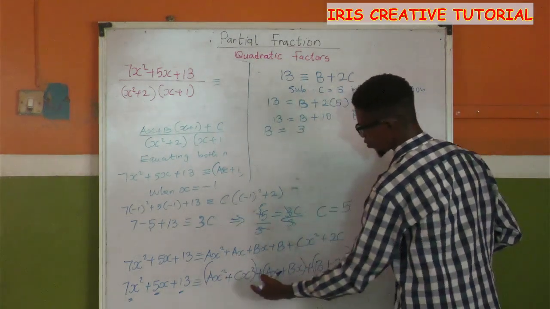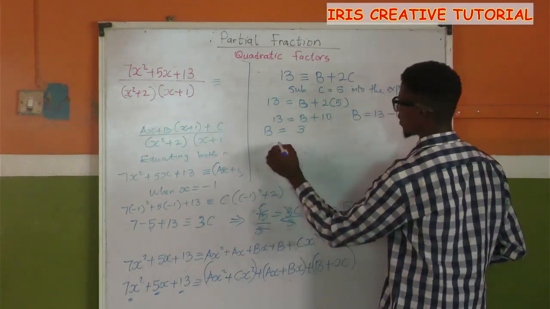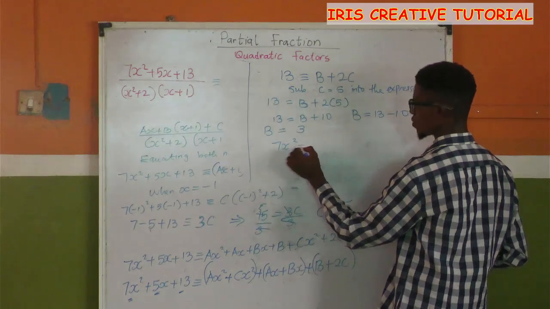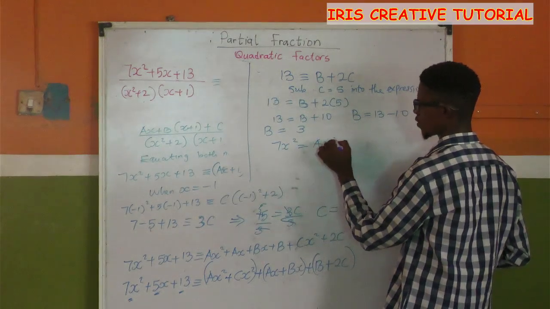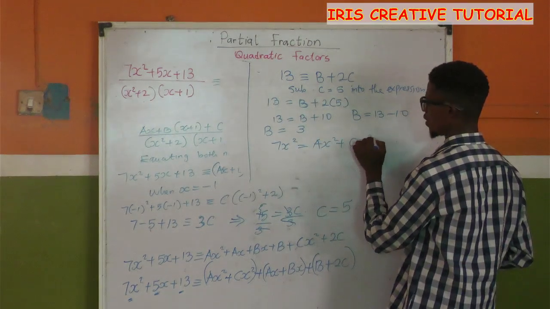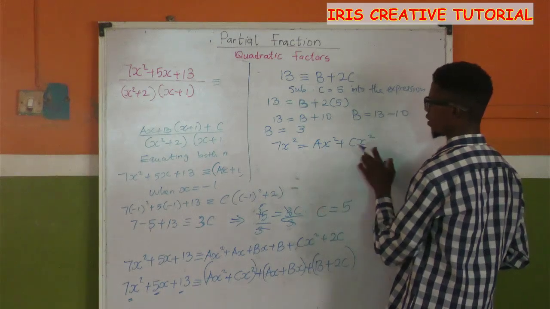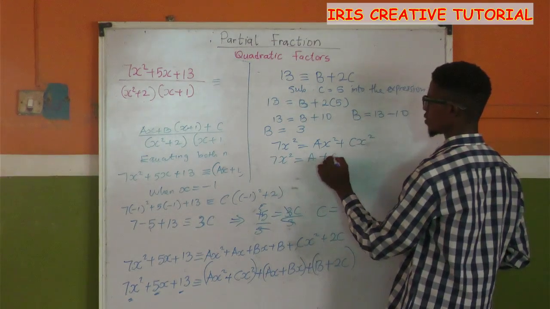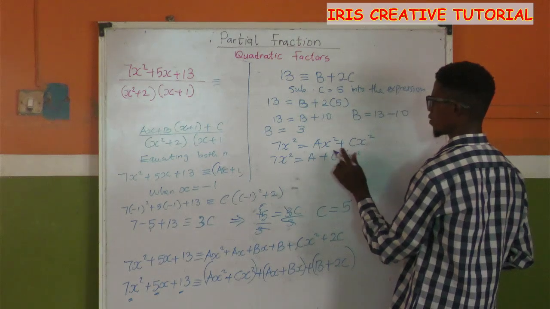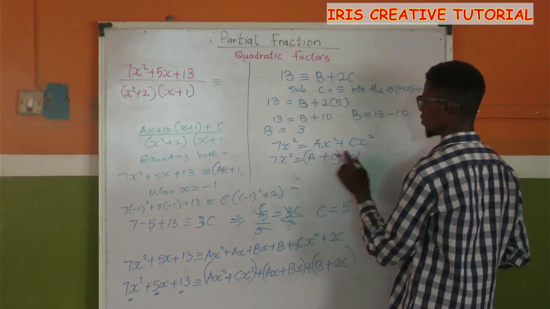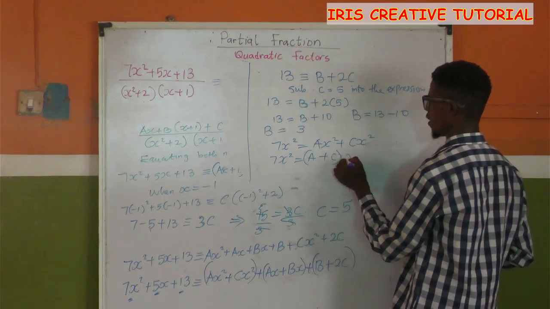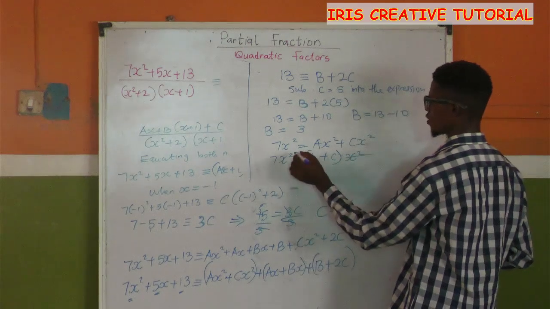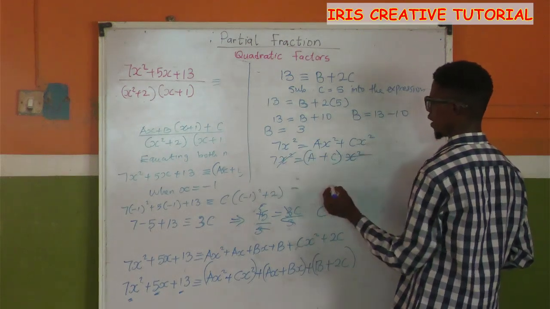If we pick this expression also, 7x squared equals ax squared plus cx squared. x squared is a common factor here, right? So we can say 7x squared equals a plus c, x squared. Well, let's put a plus c into the bracket. We have x squared. x squared can cancel out x squared, right?